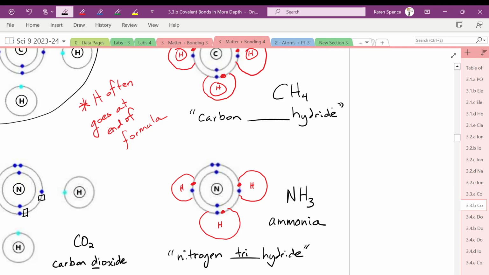It sounds like you would expect it to be quad maybe, but it's actually tetra. Tetra means 4. Yeah, we did that earlier. Tetra is 4. But we don't actually call this carbon tetrahydride. It's actually known as methane.